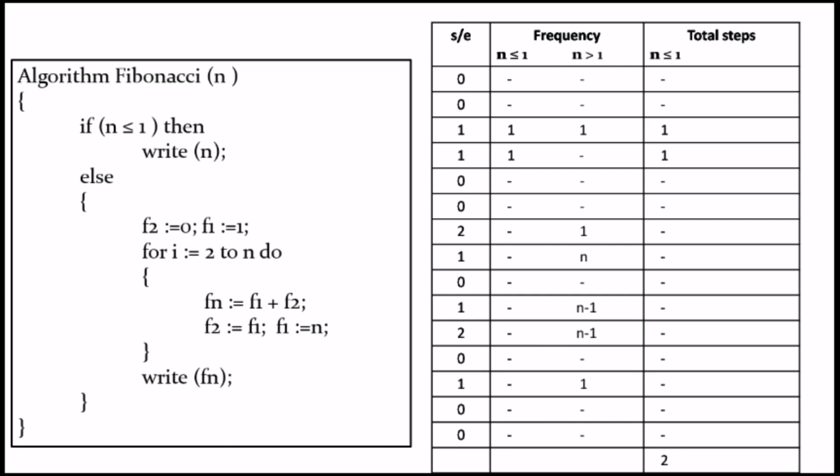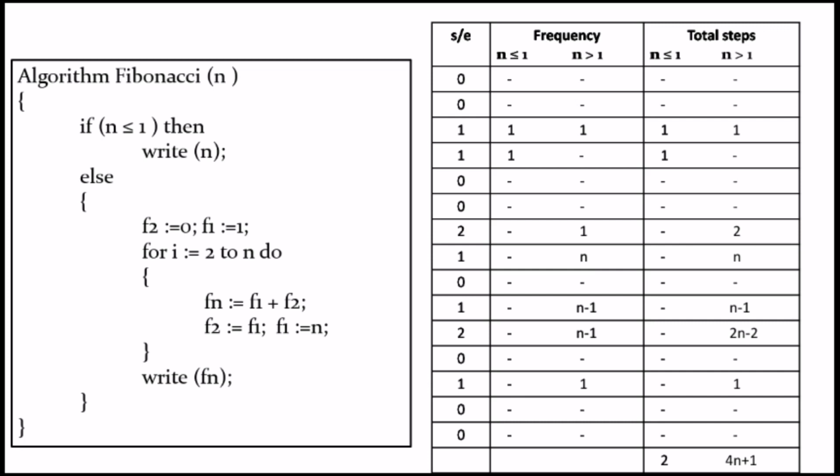Next we are writing f of n, so it will be executed one time, so the frequency will be 1. And then last there are two closing floor brackets, so frequency will remain 0. Now we will calculate total steps, that is by multiplying S/E into frequency. So this is for n greater than 1.